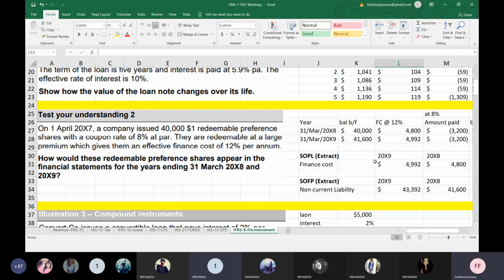See, first I want to tell you one thing. What is a coupon rate? Ma'am, the coupon rate is what the company will pay as interest.